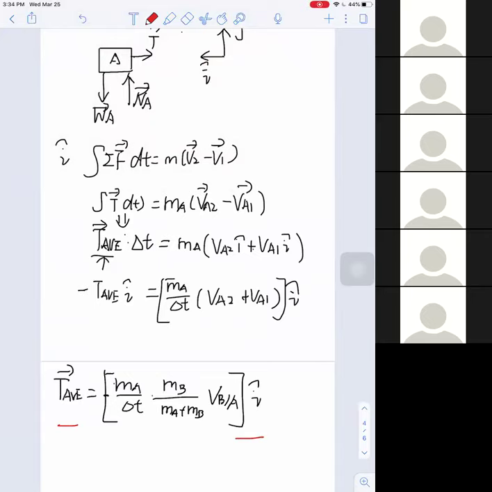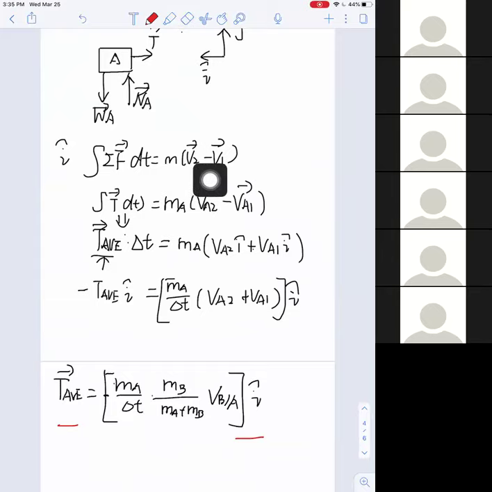Okay, any questions, guys? How did the velocity VA1 in the equation, T average times delta T equals mA times VA2 I hat plus VA1, how did that become positive? Oh, let's double check here.